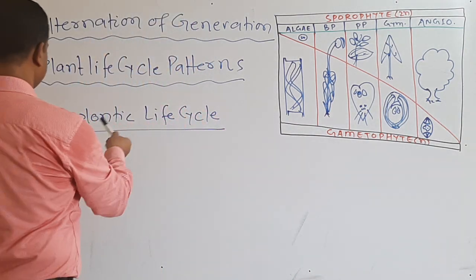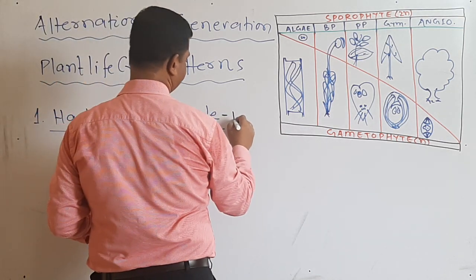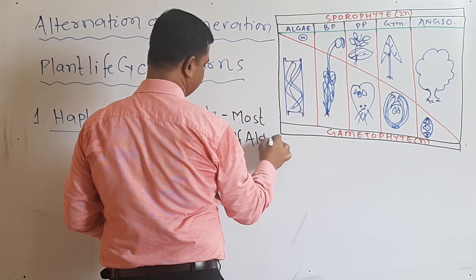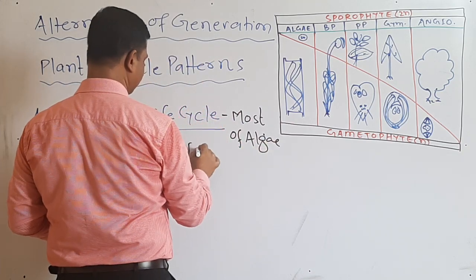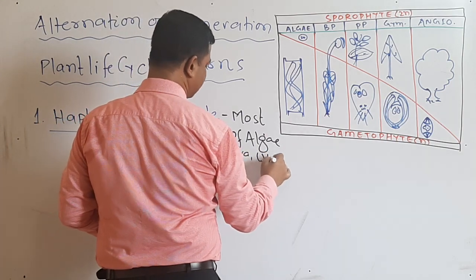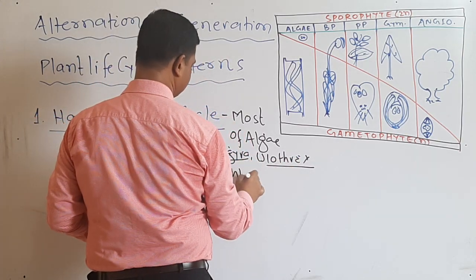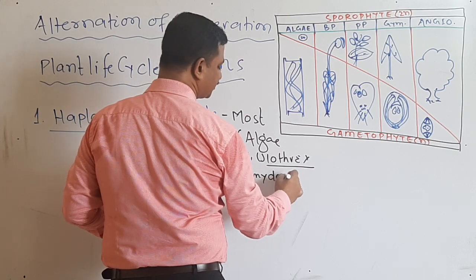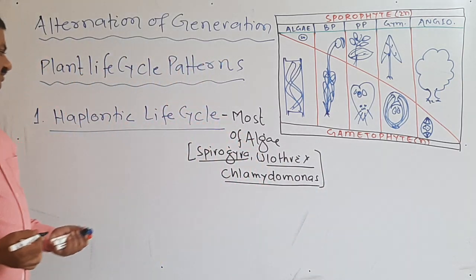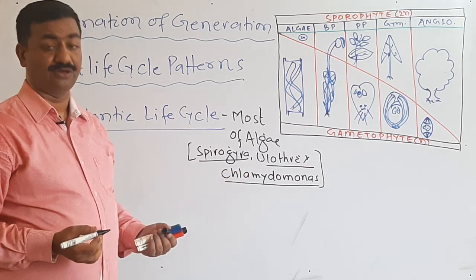This haplontic life cycle is most common in most algae. A few examples: Spirogyra, Ulothrix, Chlamydomonas, etc. I have written these examples from your NCERT, and all three are green algae, chlorophytes.